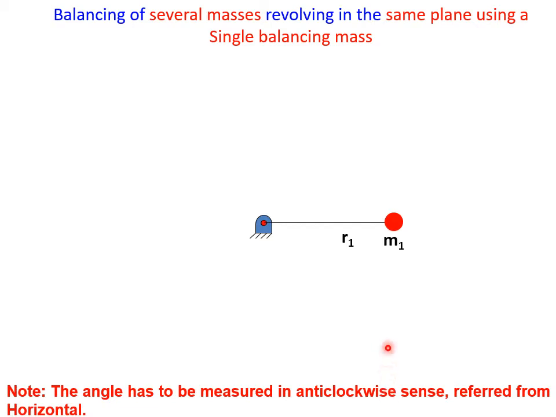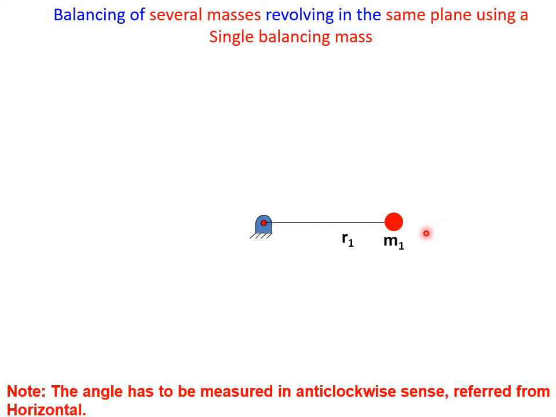Now let us see the procedure of balancing several masses revolving in the same plane using a single balancing mass. Till now we considered only one unbalanced mass, and we said that we could balance by providing one balancing mass on the other end. If there is more than one unbalanced mass, we have to use this procedure to balance all the masses by only one mass.